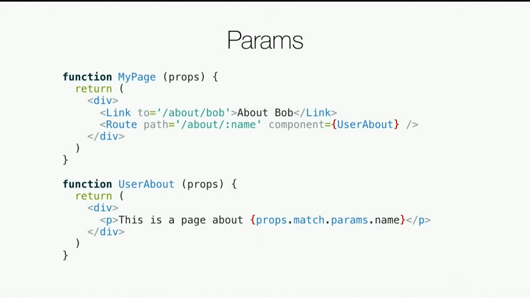And whatever that something is, I'm going to assign to a parameter of name. You can see my link right above that is going to /about/Bob. When I click that link, that's going to change the URL in my toolbar to /about/Bob. That's going to match the route, and so it's going to render this.